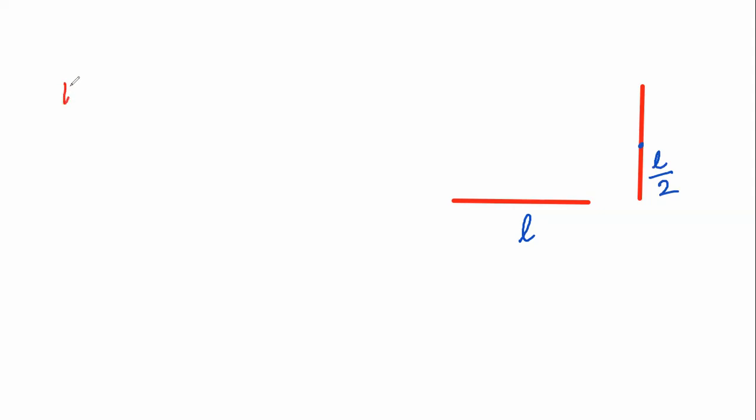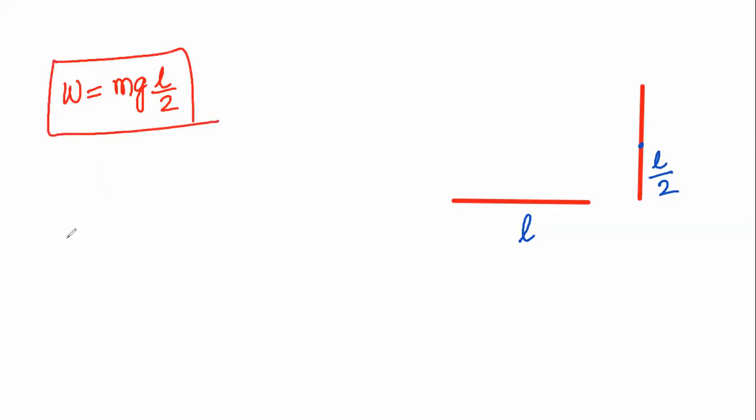That's why the work done in lifting a rod of length L from the horizontal position to the vertical position is mgL divided by 2.